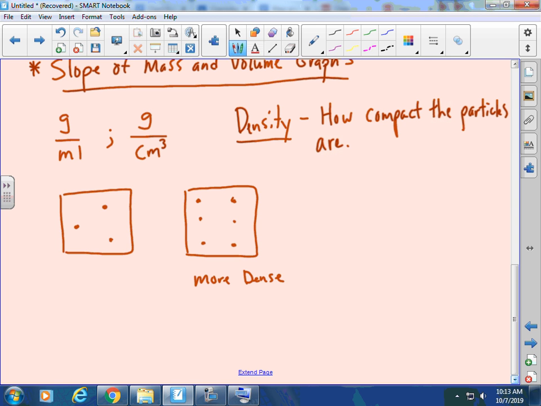Okay? If I have a small volume compared to a large volume, but this one has 4 particles in it. Which one has more compact particles?